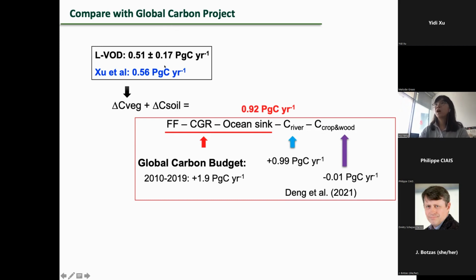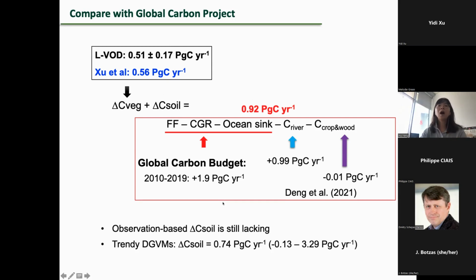It's close to our estimates, but still has a 0.4 difference. Soil organic carbon changes can partly explain this difference, but we don't know exactly how much soil organic carbon changes, because we don't have observation-based estimates, and the model estimates for this part have a very large spread, ranging from minus 0.1 to 3 petagrams of carbon.